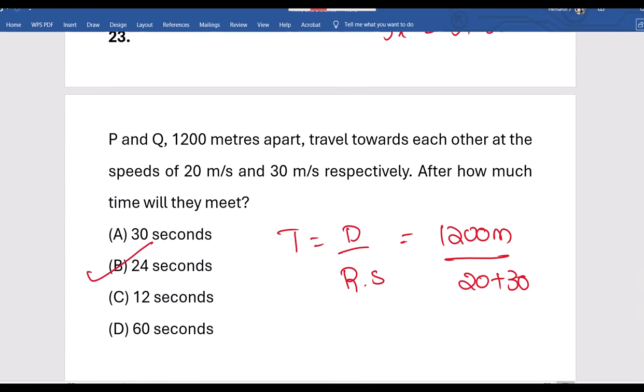These two questions were given to understand that you can apply directly when timings are same. But when they mention 9 a.m., 10 a.m., two different timings, you cannot apply until both come to the same time, both at 7 a.m. or both at 10 a.m. If not mentioned in the question, we can assume both started at same time.